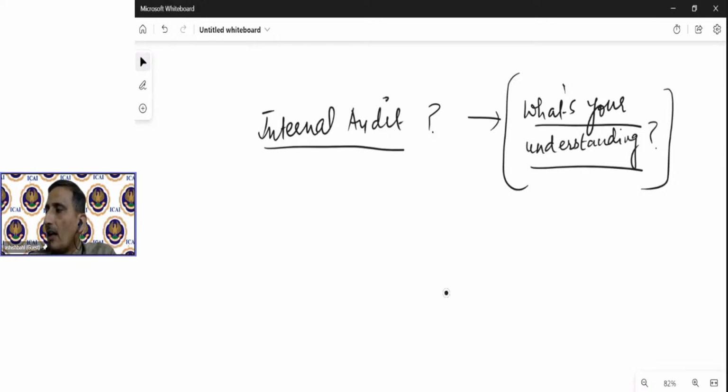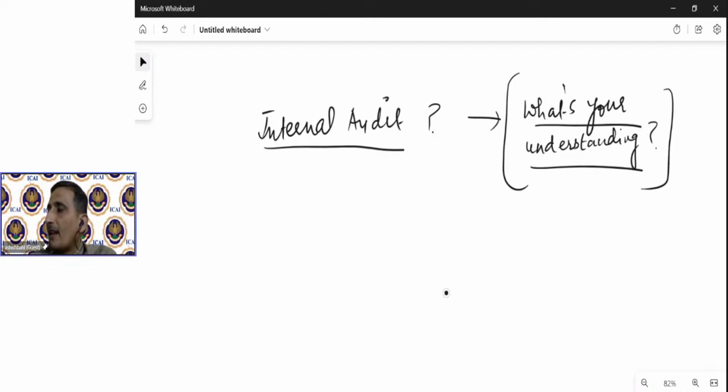Shubham, internal audit is audit conducted by the company itself. Slightly off the mark. Bhumika, audit of internal structure of an organisation, how do they get their raw materials? No, that is totally off the mark.